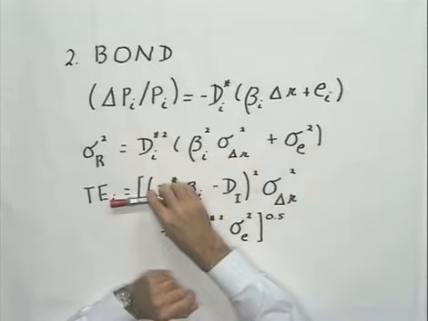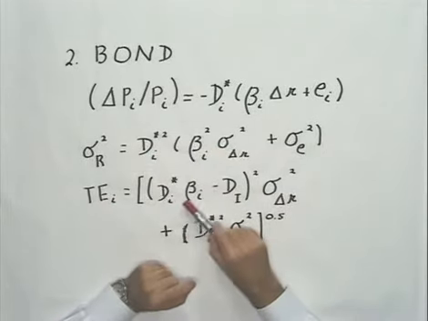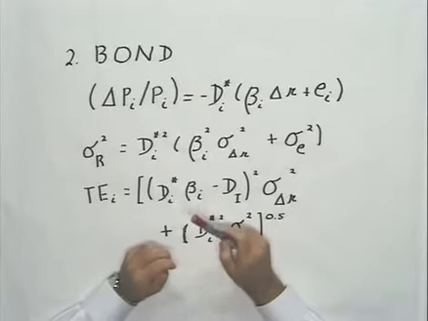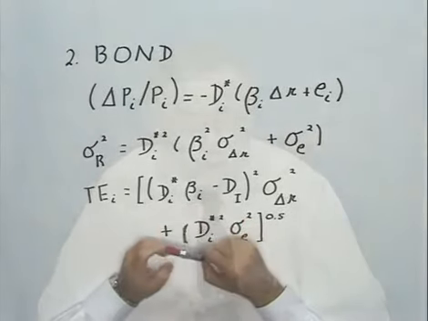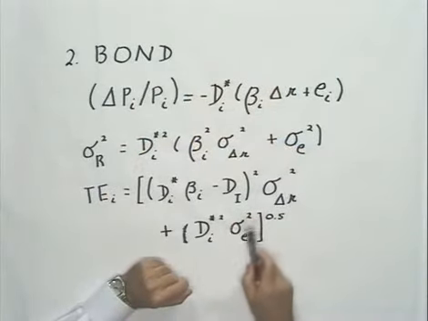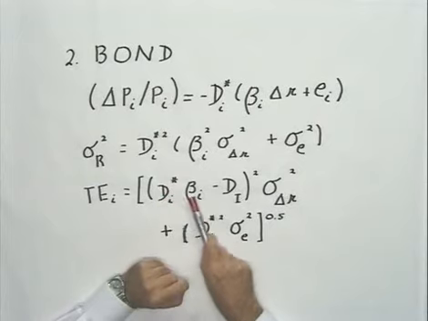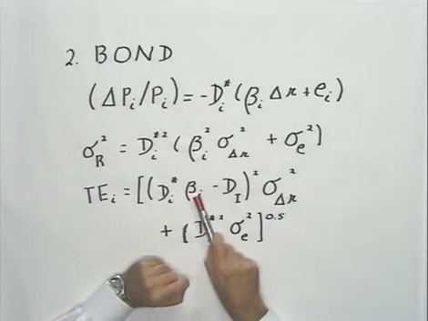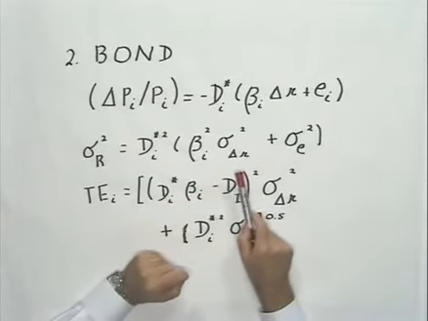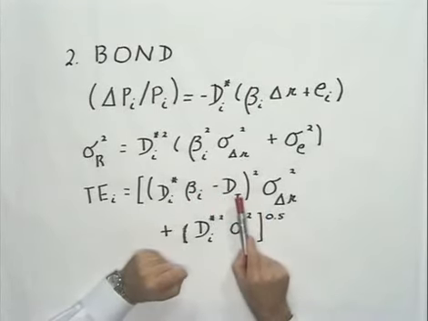So moving from the portfolio to incorporating the benchmark, because again, in the bond case, just like the stock case, we're looking at the differences in returns on the bond portfolio versus the returns on the benchmark. You can see that here we have to incorporate the differences between the duration on the portfolio times its sensitivity to changes in rates minus the duration of the benchmark.